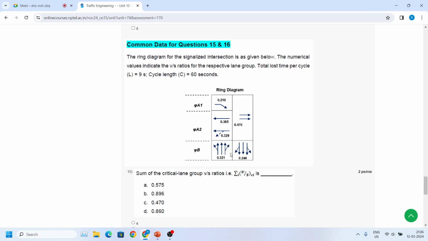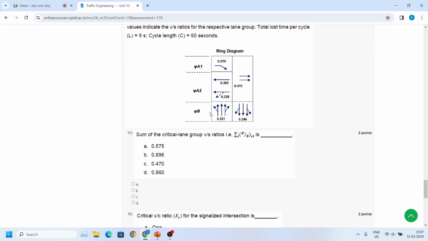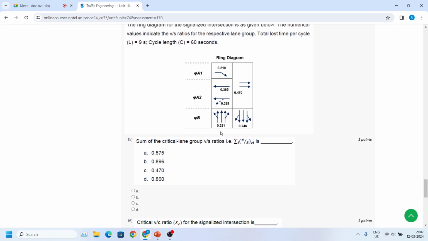It's 3.47. Yeah, it should be from one of these options only. So I just worked it out. I'm not giving you the direct answer because that's the goal, right? You have to solve it on your own.